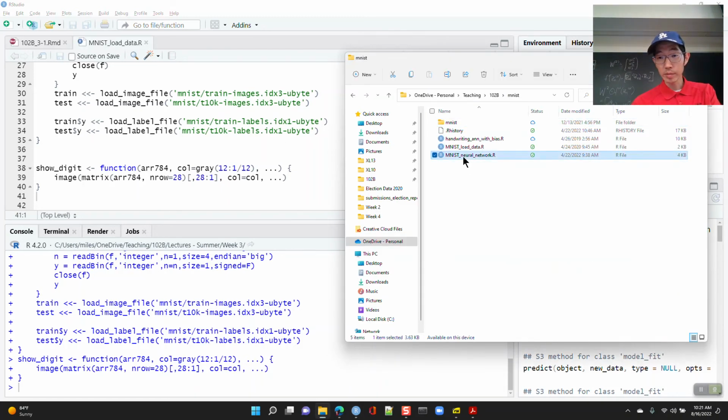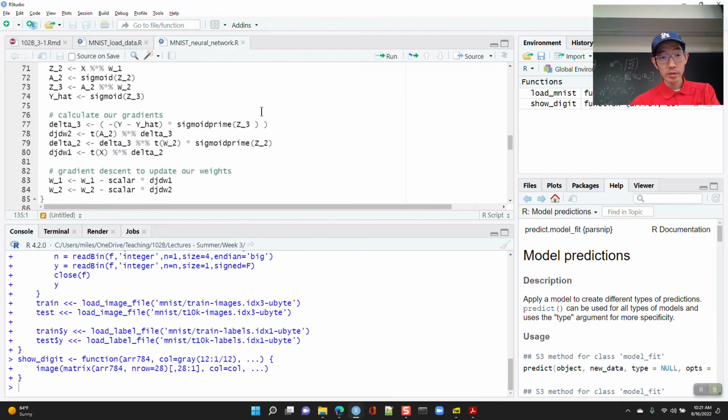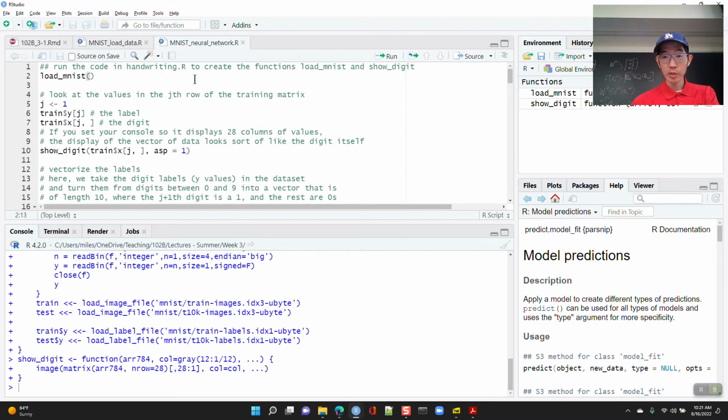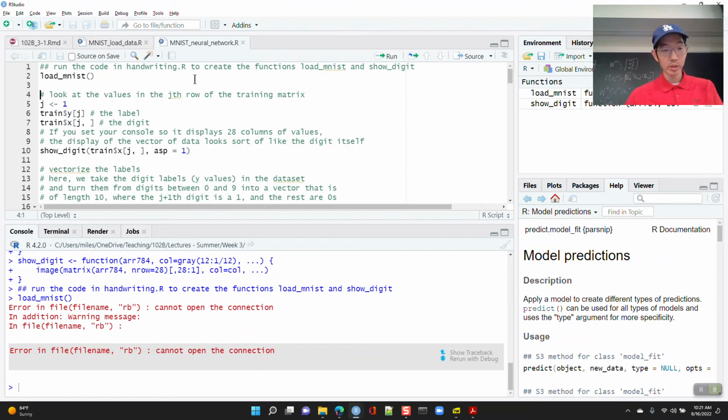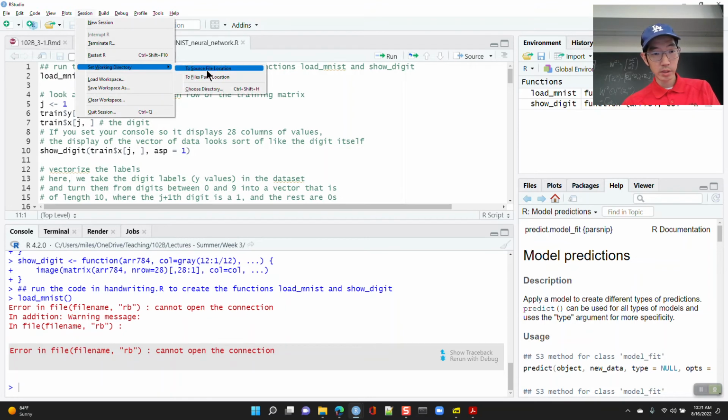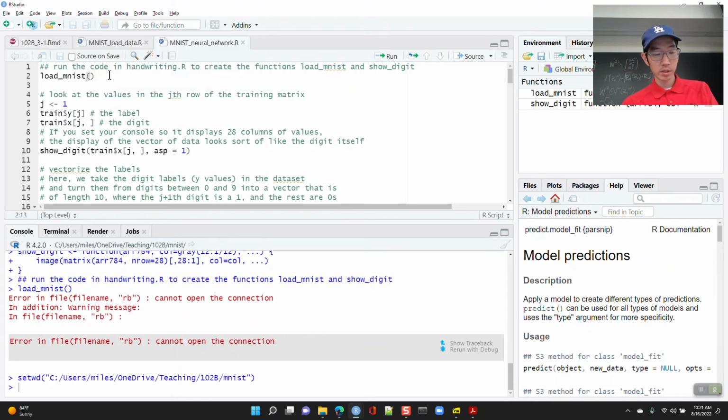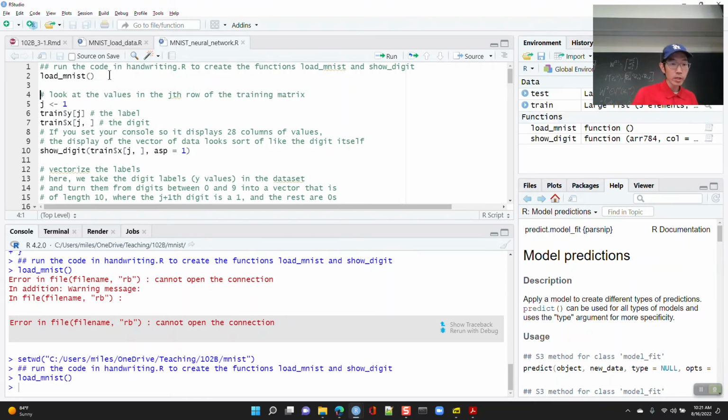All right, so let me load this up. Whoops, can't open the connection. Okay, there we go. You might have to make sure your working directory is correct.